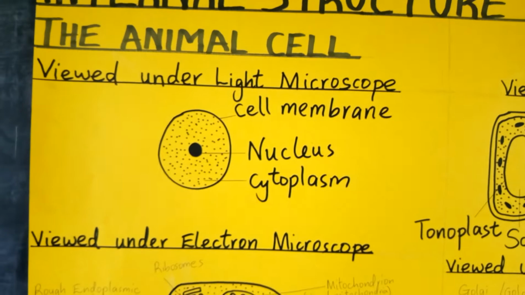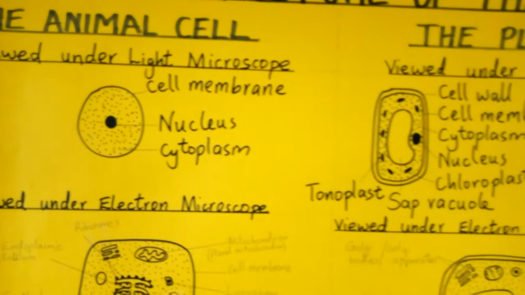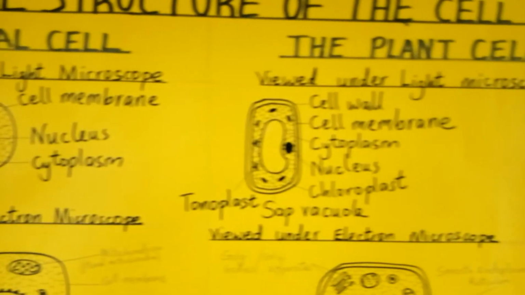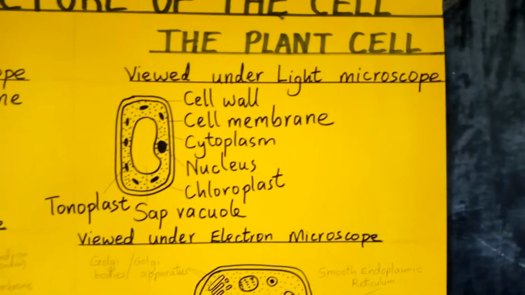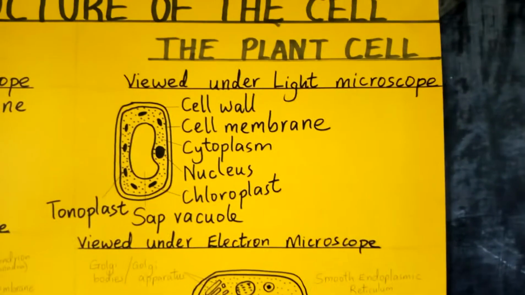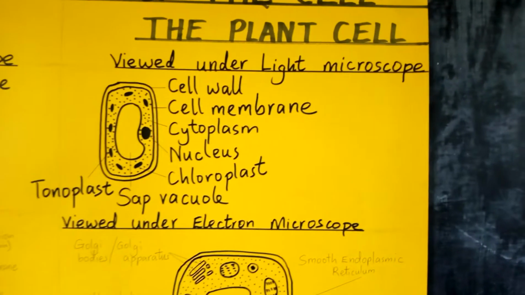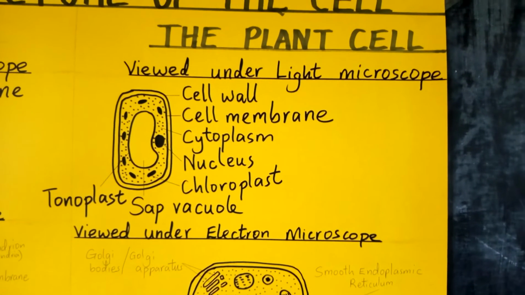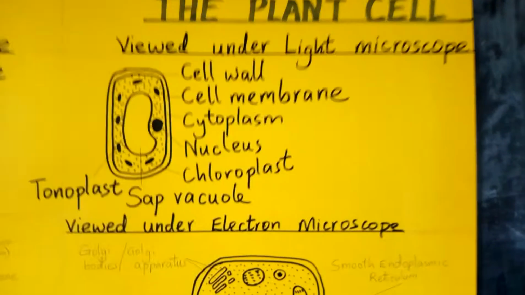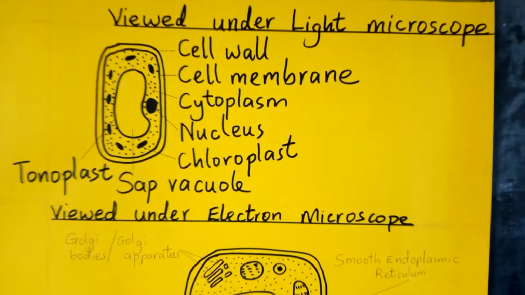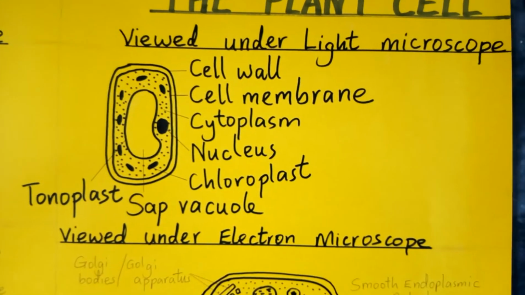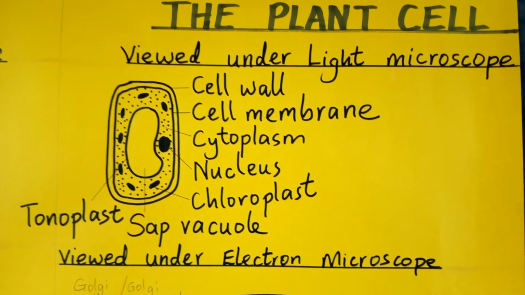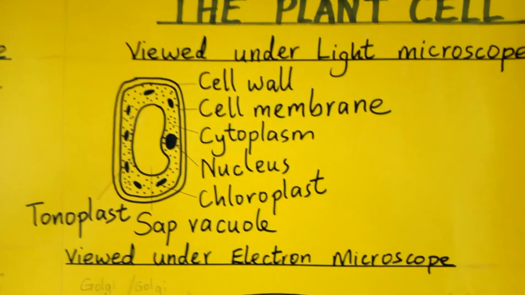Having looked at that, we can now move to the plant cells as seen under the light microscope. When you look at the plant cell under the light microscope, you'll only be able to see 7 parts. Why? Because the plant cell is a bit bigger when you compare it to the animal cell.